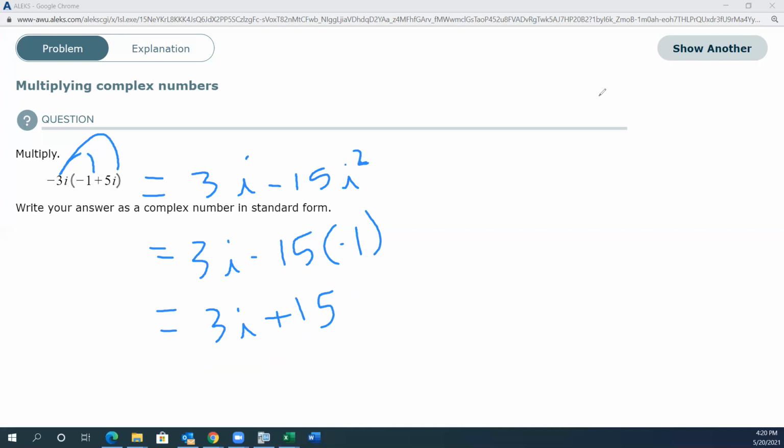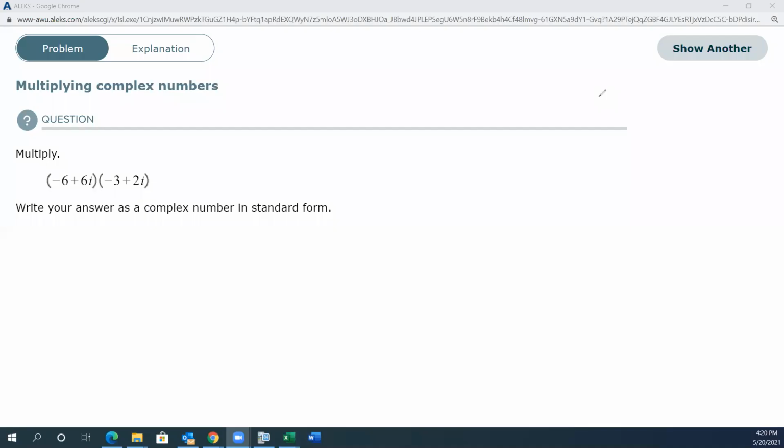Let's do one more of them, and then that'll be good. This time we've got 2 boys, 2 girls. Every boy dances with every girl.